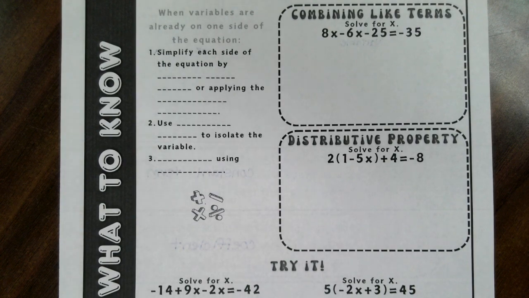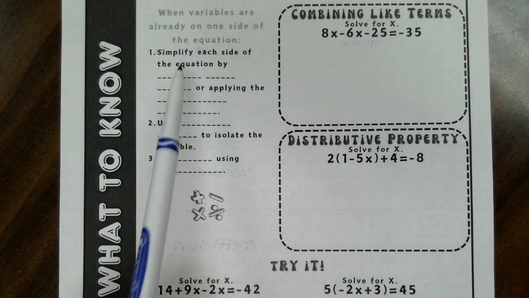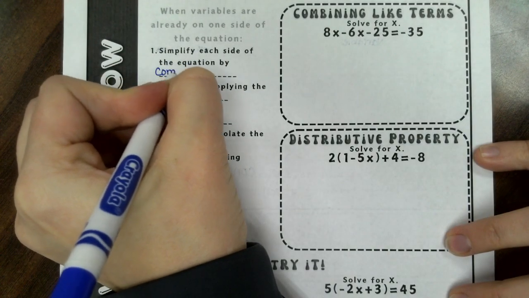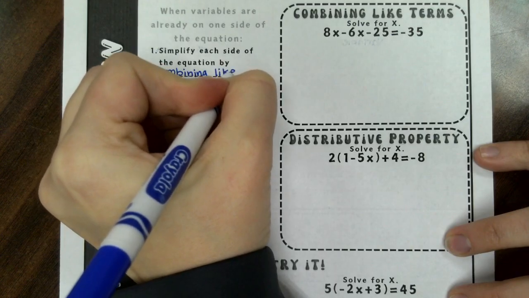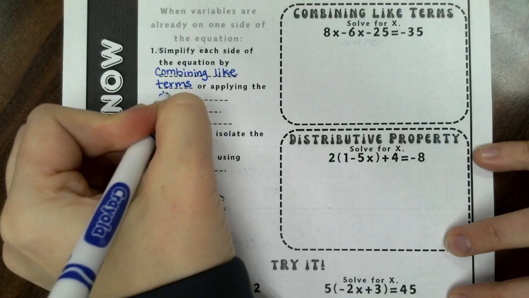So what we need to know, when variables are already on one side of the equation, first we need to simplify each side of the equation by combining like terms, or applying the distributive property.